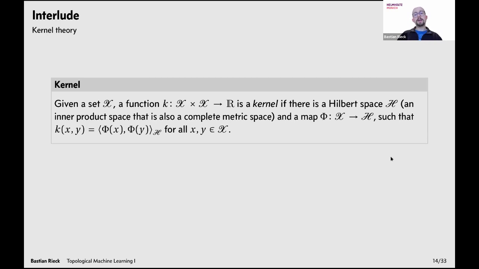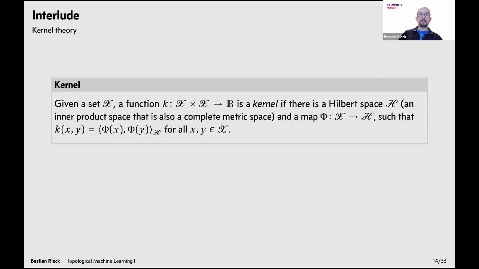So we need this associated Hilbert space, and a map phi, which goes from the set X into the Hilbert space, such that the function can be expressed as the inner product between the images of that map. I'm going to let that stand for a second because it's a mouthful to chew on. So the function k, this evaluation k(x, y), can be written as the inner product, the angle bracket of the images of x and y under this map phi.